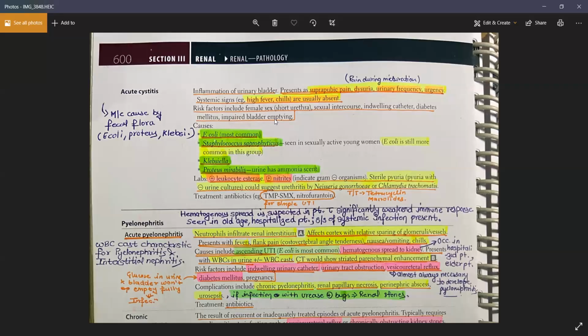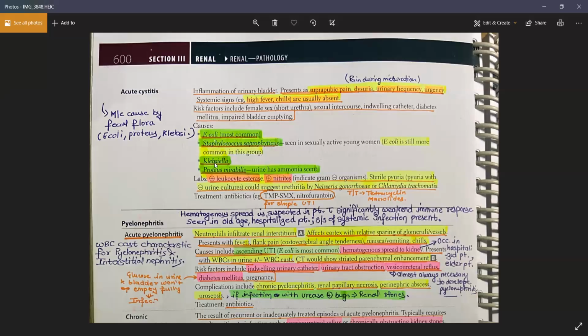Please note, it is most commonly caused by the fecal flora. All these bacteria reach the urethra through your GIT only. So E. coli, Proteus, Klebsiella are overall the most common causes of UTI in patients. E. coli is the most common one. The second most common is Staphylococcus saprophyticus.